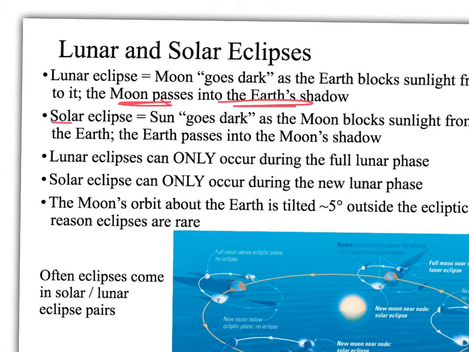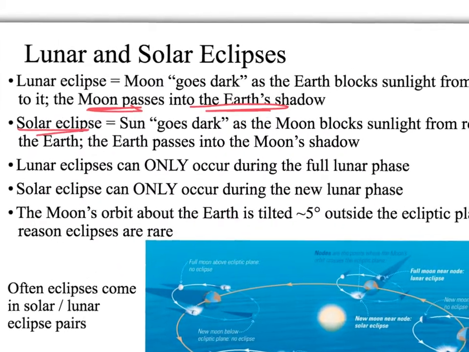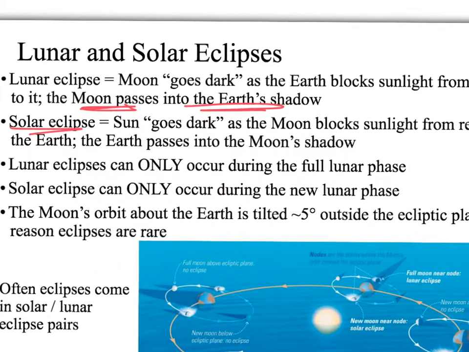A solar eclipse can only potentially happen when the moon is in its new phase, and in that case, the Earth passes into the moon's shadow. Okay, I hope that makes sense. A lunar eclipse can only happen during a full moon. A solar eclipse can only happen during a new moon.